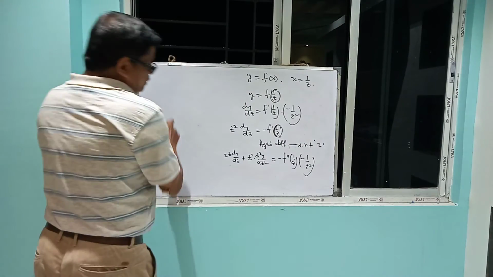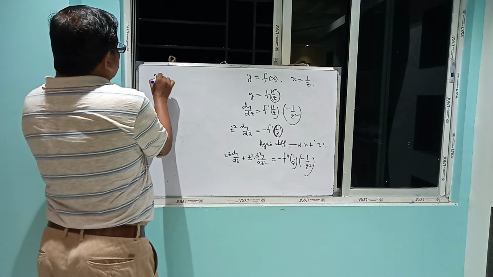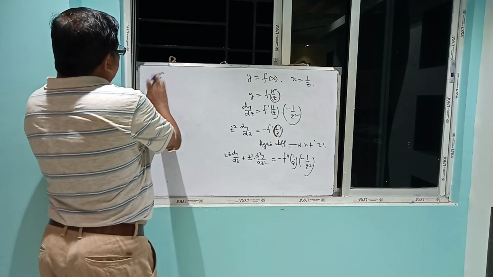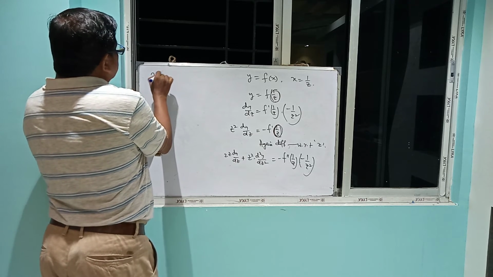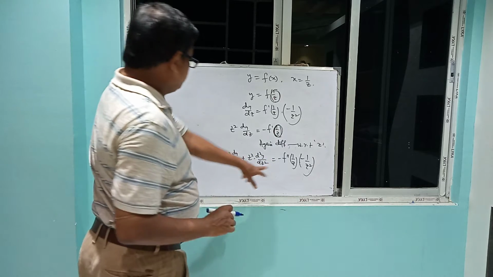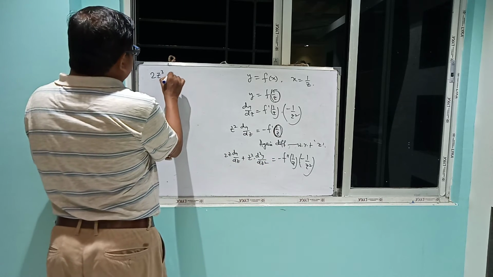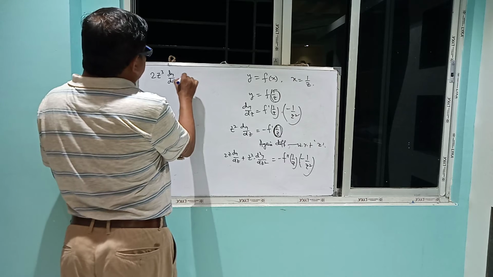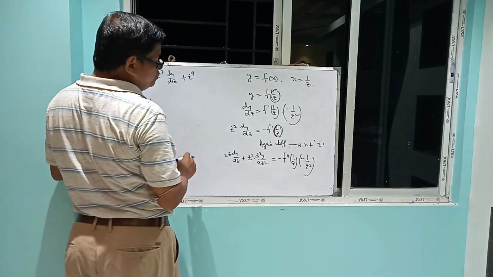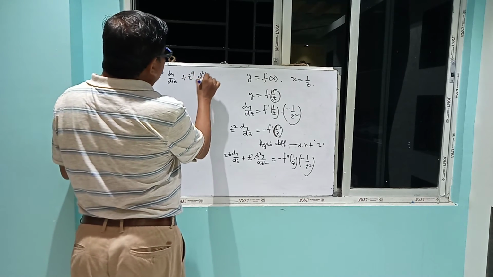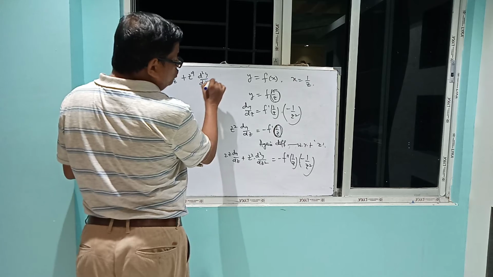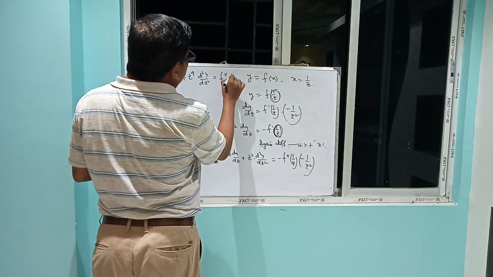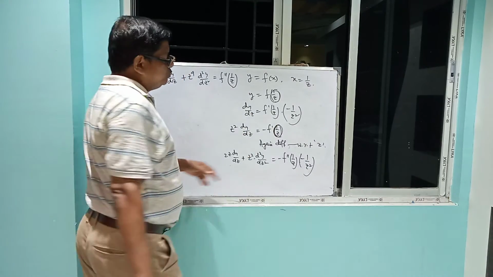Now multiply by z square: 2z cube dy/dz plus z to the power 4 d2y/dz2 equals f double dash (1 by z).